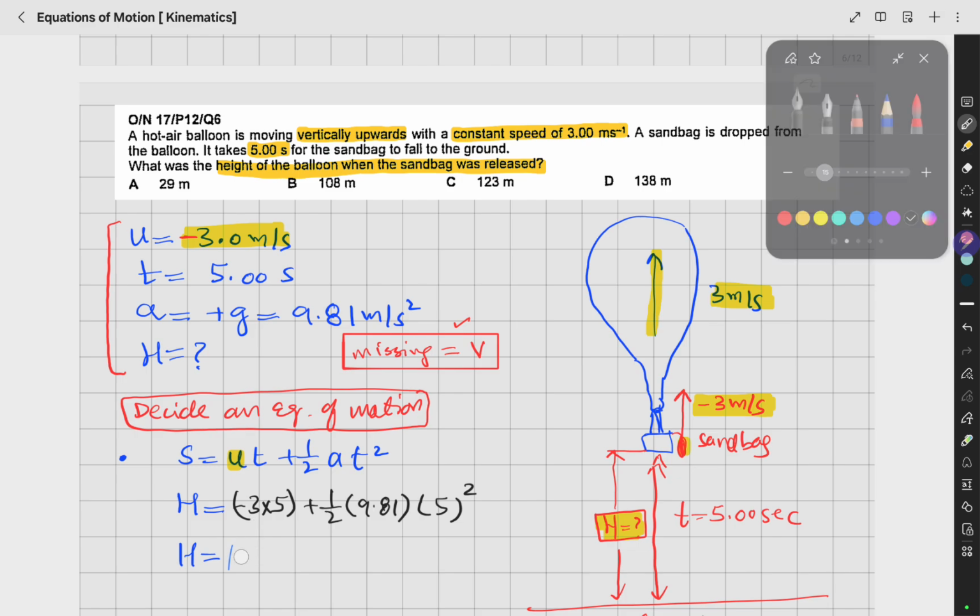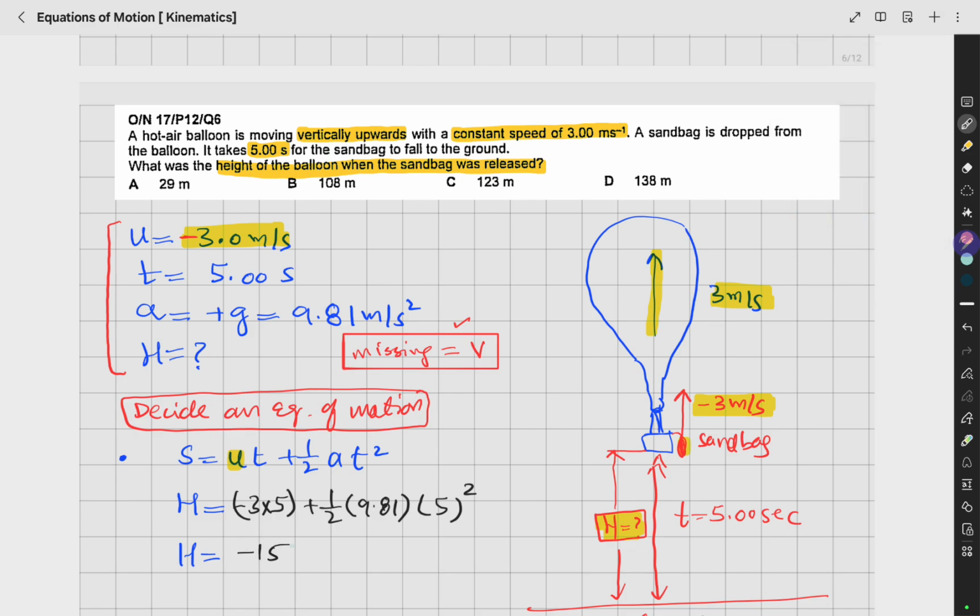This will be -15 plus, this should be around 124 point something. I'm not having the calculator, so I'm just doing it. It comes around 109, so it is option B, right?